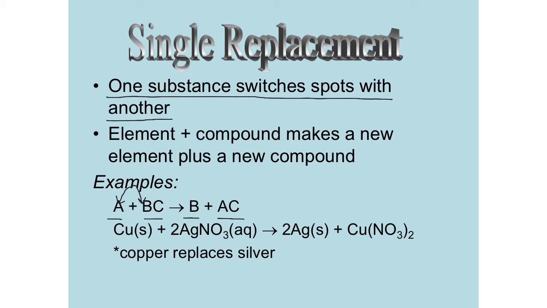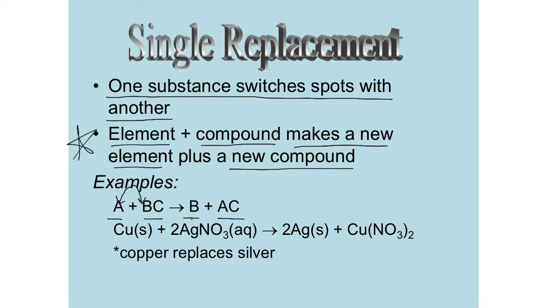Now, a single replacement reaction will always follow this general format. Element, so that would have been A, plus compound, so that would be BC, makes a new element. So now we have B by itself and a new compound. So element plus compound makes new element, new compound.